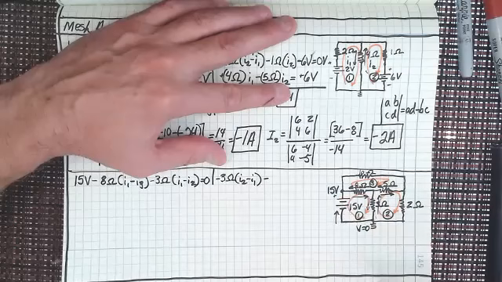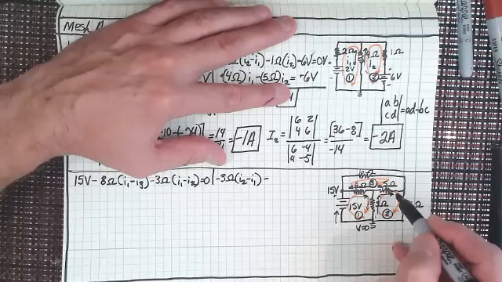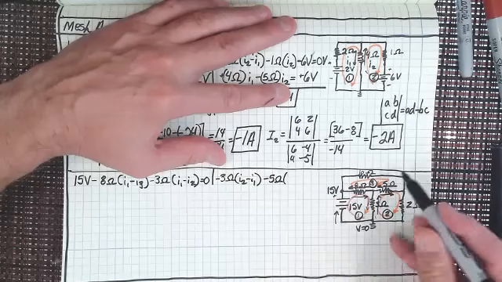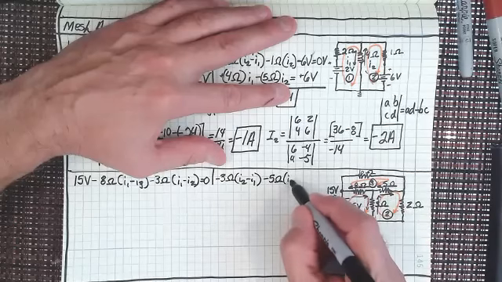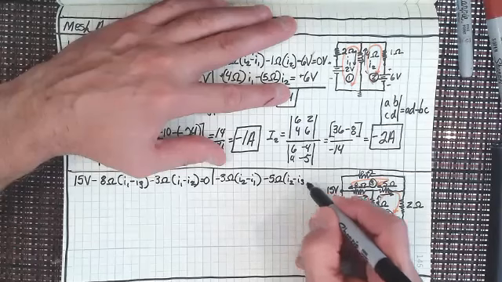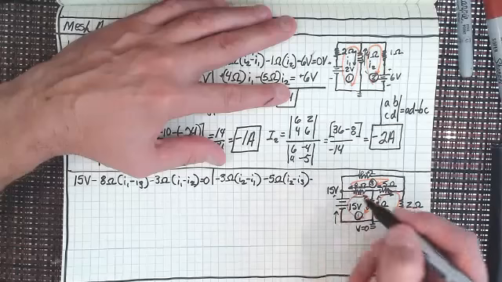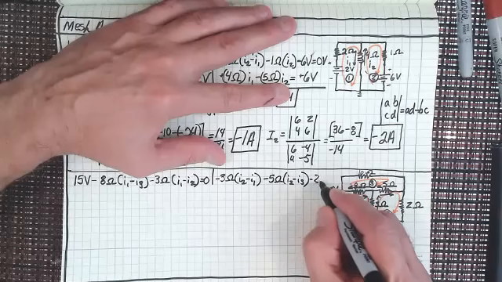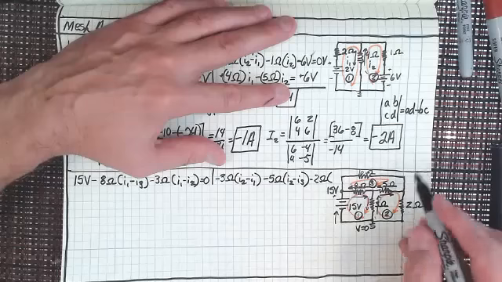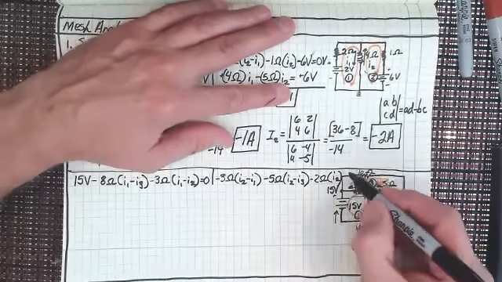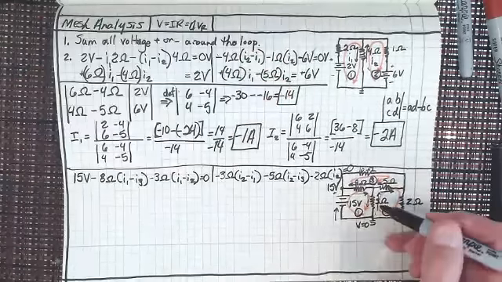So it's another minus. It's going to be minus 5 ohms times I2 minus I3. And then the last one here, the 2 ohm, is just going to be minus 2 ohms, but the only thing that we have flowing through it is I2, right? And then all of that equals 0.